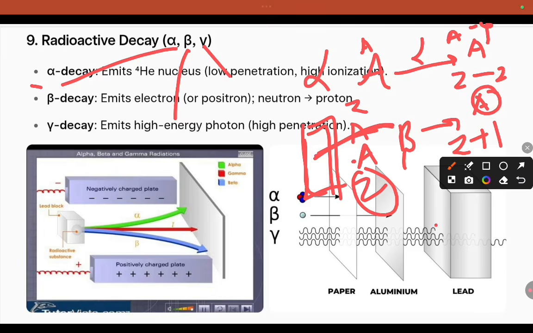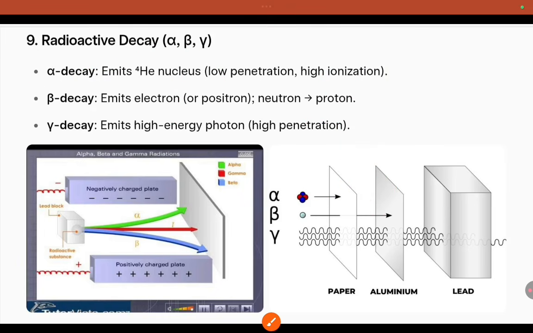Alpha emits a helium-4 nucleus, with low penetration. It is a doubly ionized helium, which is nothing but the alpha particle. Beta emits an electron; a neutron is converted to a proton. Gamma has high energy, that means high frequency, and that is the reason for its high penetration.